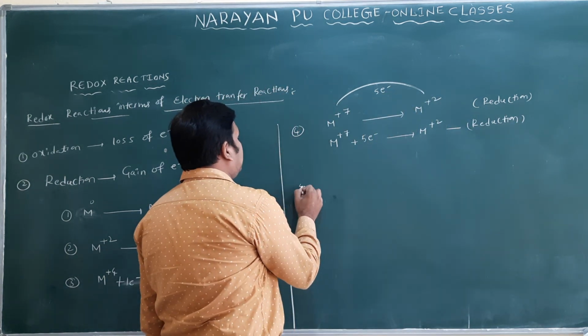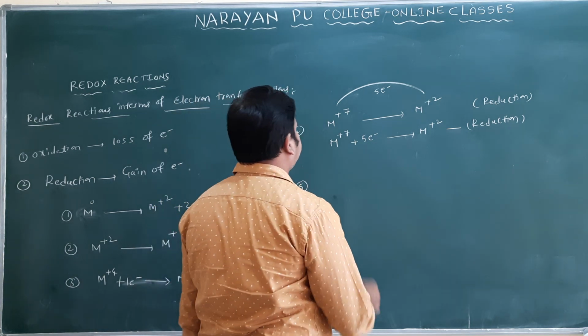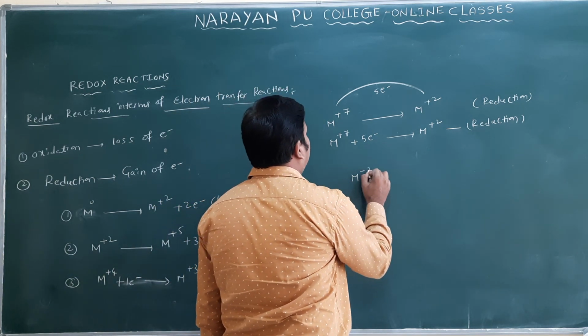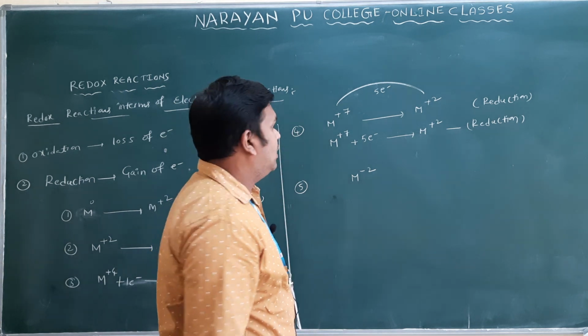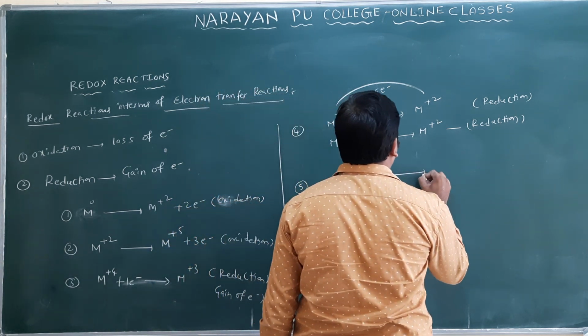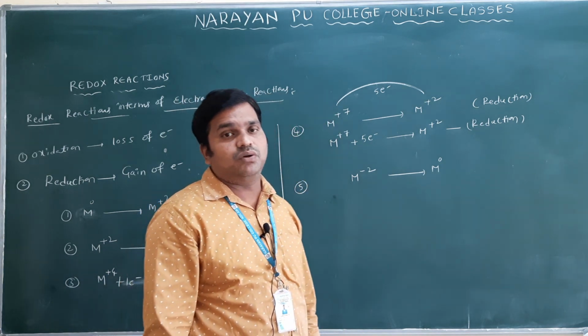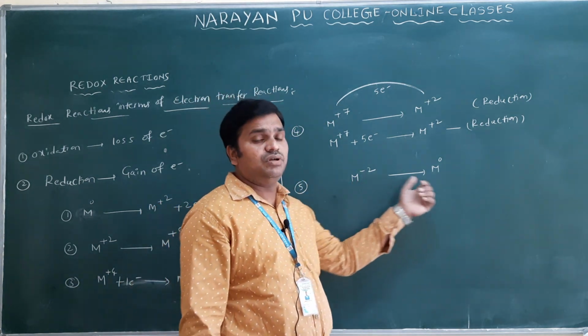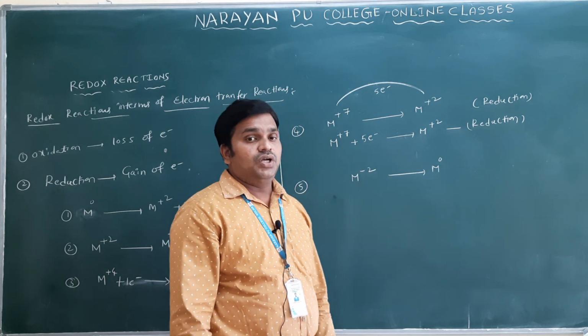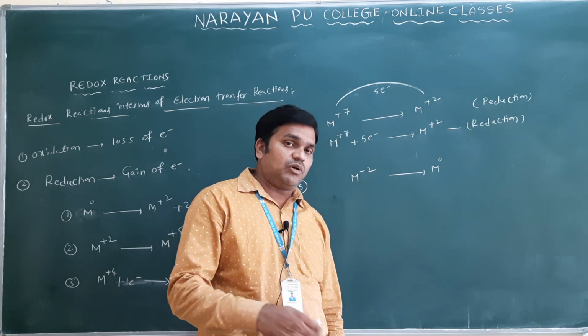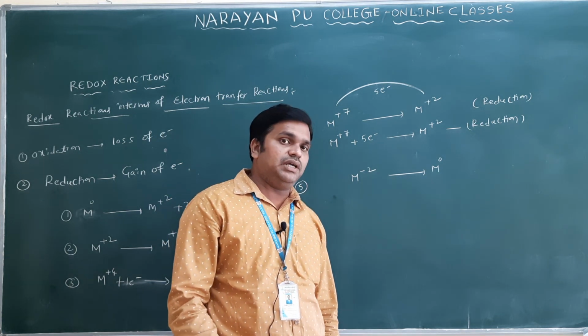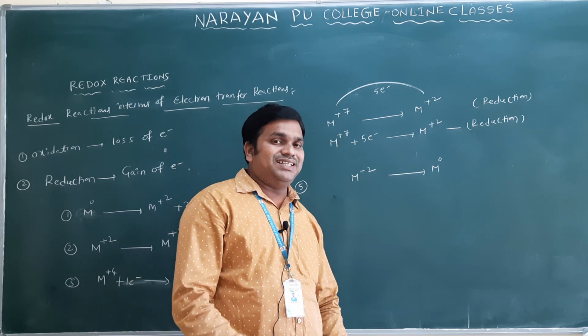Let us see one more example. Suppose M-2 is converted into M0. The oxidation number is minus 2 and becomes 0. From minus 2, you get minus 1, and then 0. So is it an increase or decrease of the oxidation number?